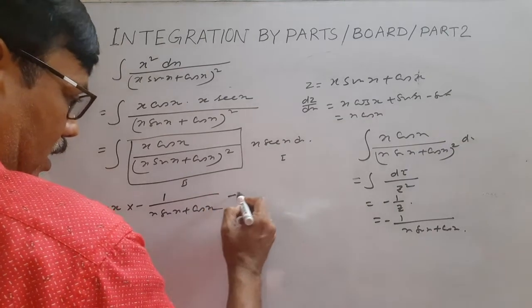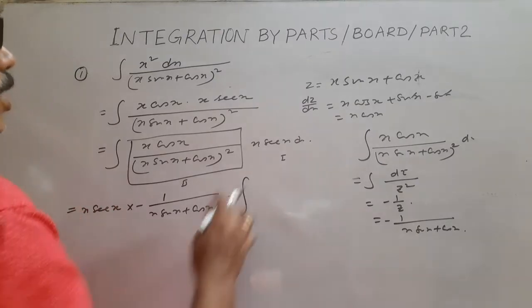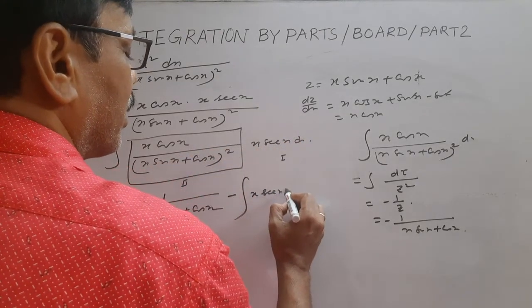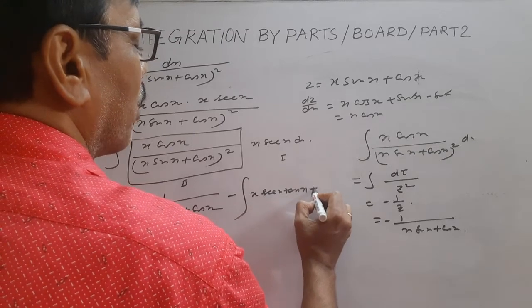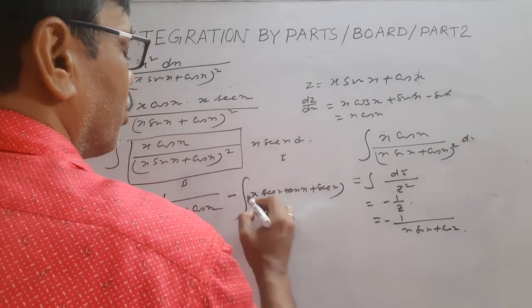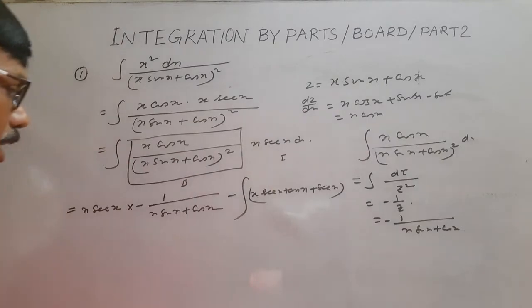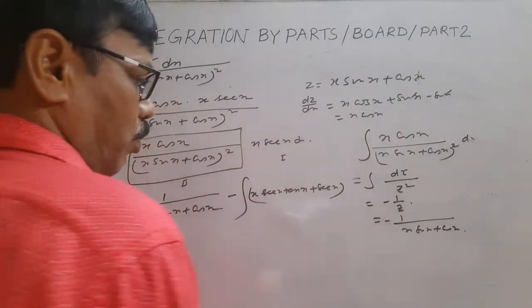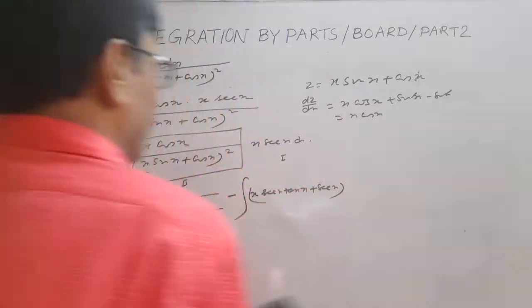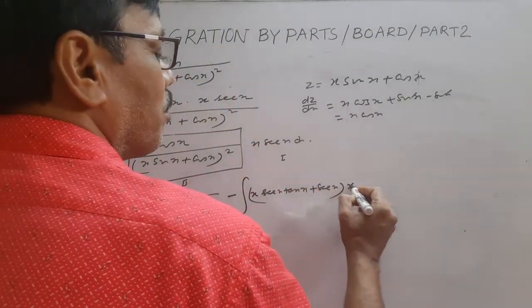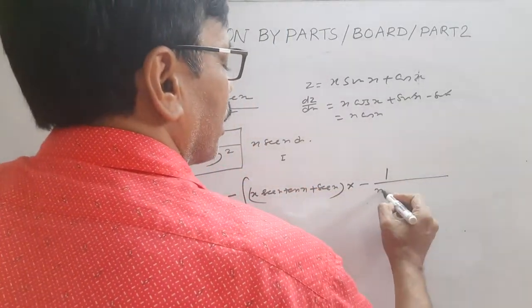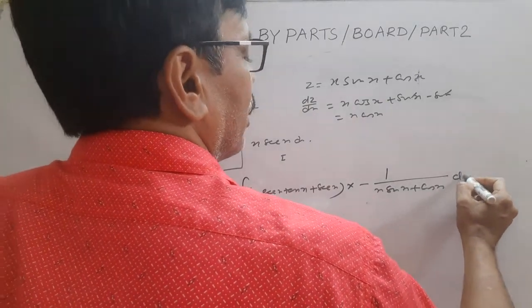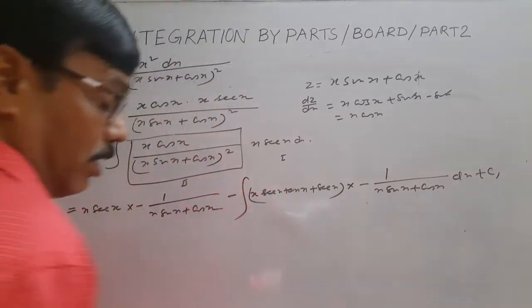Then minus derivative of x sec x, so x sec x tan x plus sec x. So derivative of x sec x. And integration of this, we have already proved. Integration of this part is minus 1 by x sin x plus cos x dx plus c1.